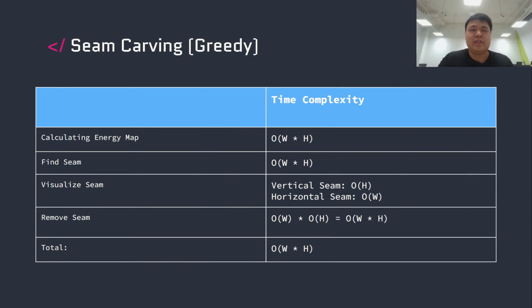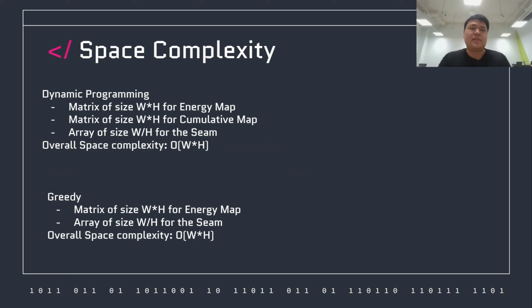Moving on to the greedy algorithm, you can see that it's almost exactly the same as before, with the exception of calculating the cumulative map. Moving on to space complexity, we see that both dynamic programming and the greedy algorithm use the matrix of the energy map, which is width times height, and dynamic programming uses an additional matrix for the cumulative map. The overall space complexity is also the same, O(WH).